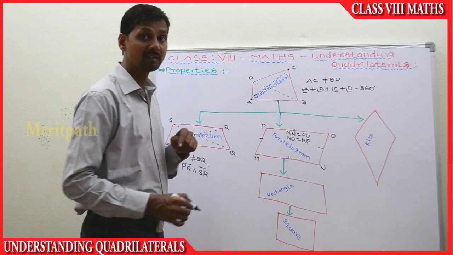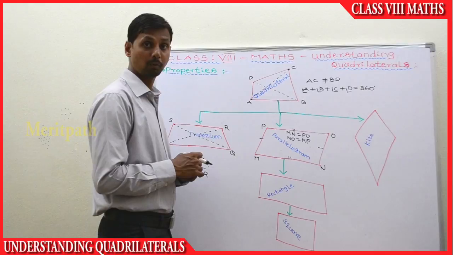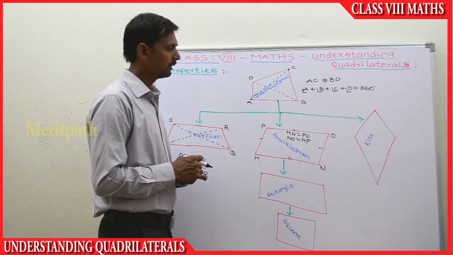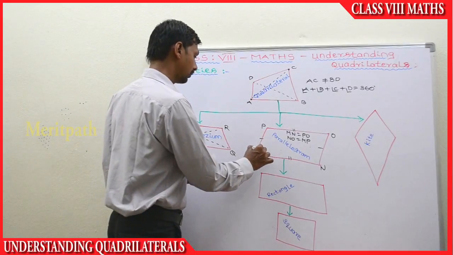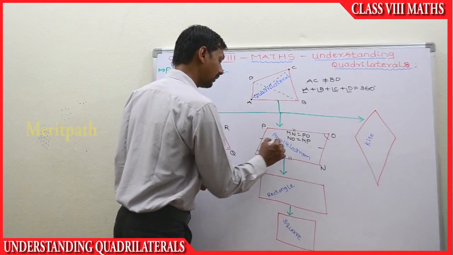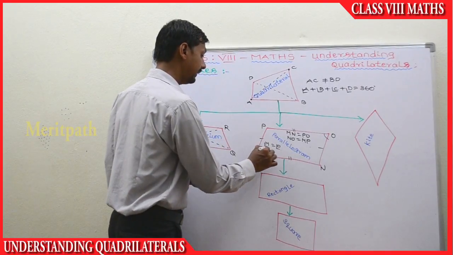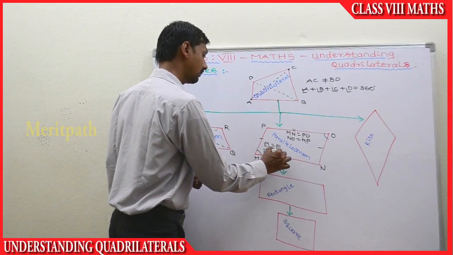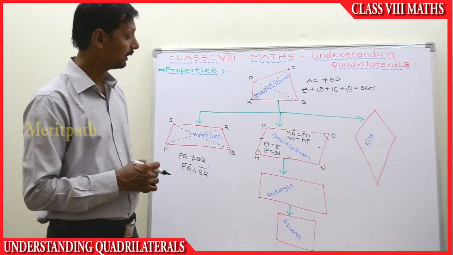These two opposite sides are equal. And then there is one more property: opposite angles are equal in a parallelogram. So angle N is equal to angle O, and angle P is equal to angle M. Opposite angles of a parallelogram are equal.